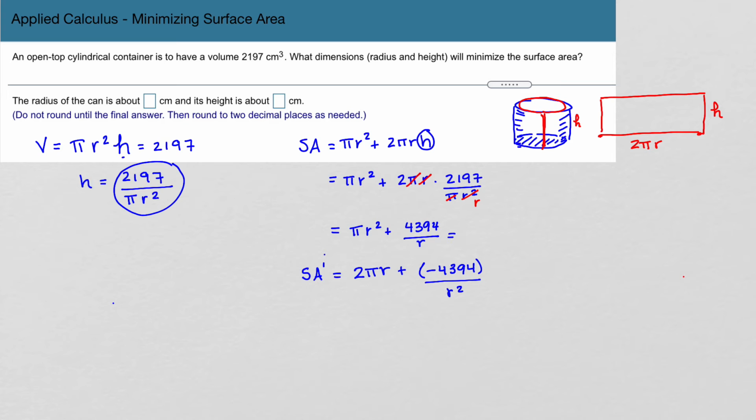right? Because I can look at this as pi r squared plus 4394 times r to the negative 1. So now I'll set that equal to 0 and solve for r, and I get 2 pi r equals 4394 over r squared. And if I multiply both sides by r squared, that means that 2 pi r cubed is equal to 4394.